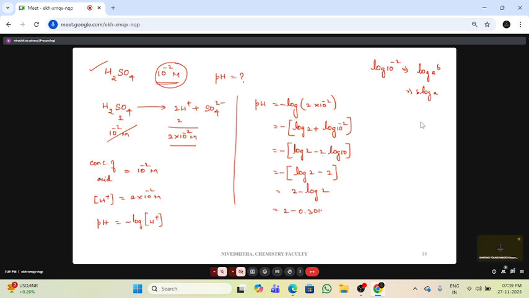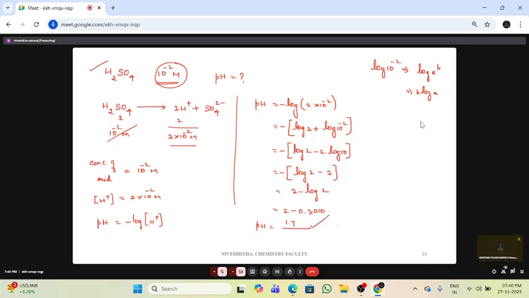So what will be the pH of the solution? Approximately it is 0.3, right? So 2 minus 0.3 is 1.7. Approximately it is 1.7, and this is the pH of the solution.